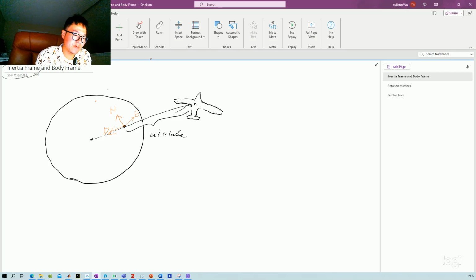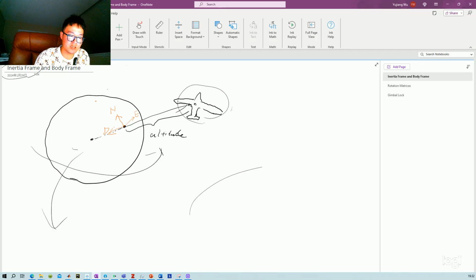And why is it fixed? It is because when this plane is flying, the duration of time of interest is so short that the self-rotation of the Earth and the rotation of the Earth around the Sun can all be ignored.